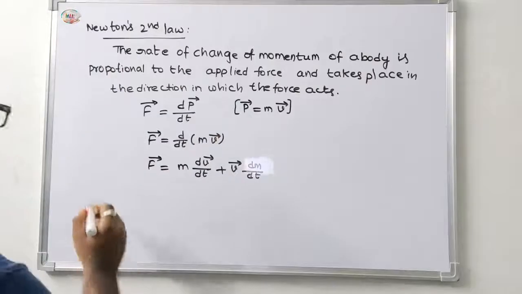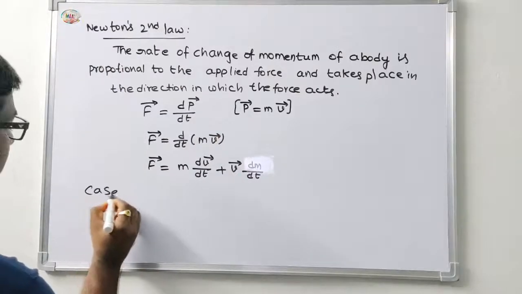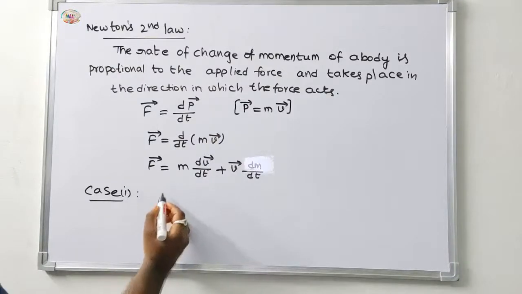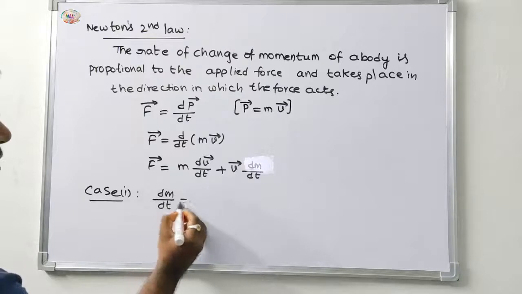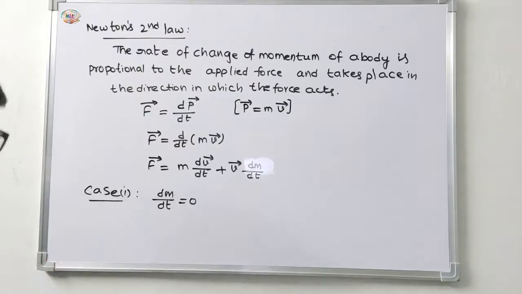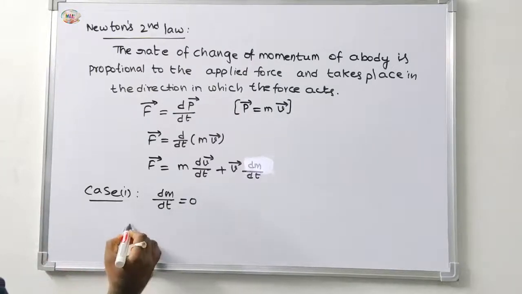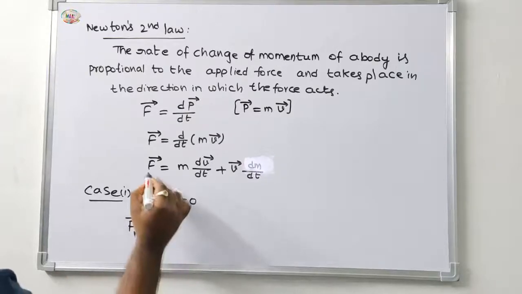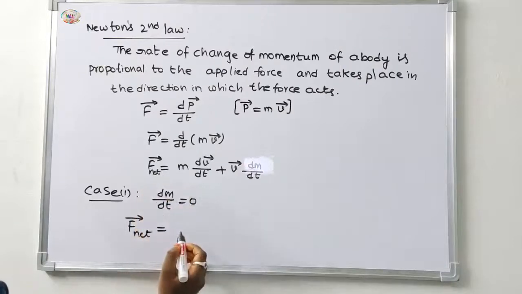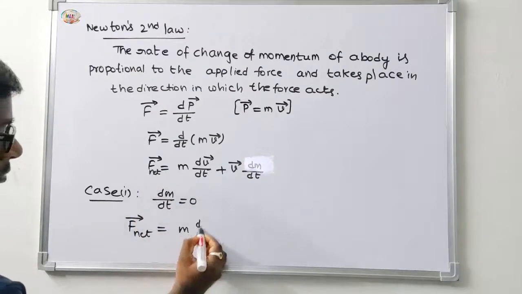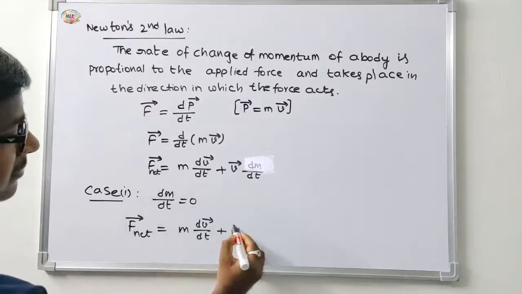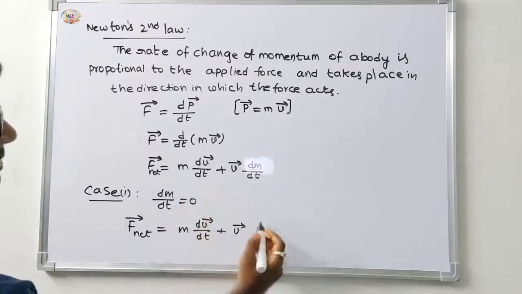Let us discuss case 1. Case 1 is when mass is constant, so dm by dt is equal to 0. The net force F net is equal to m into dv by dt plus v bar into dm by dt, and the second term is 0.